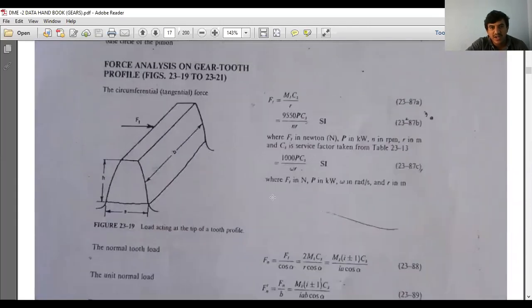See this, the tangential tooth load, the tangential force, is equal to 9550 P into CS divided by N into R, equation 23.87b.